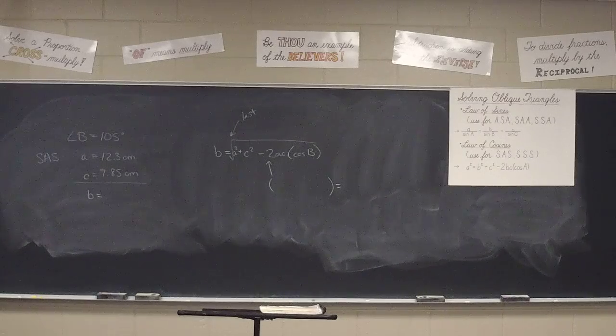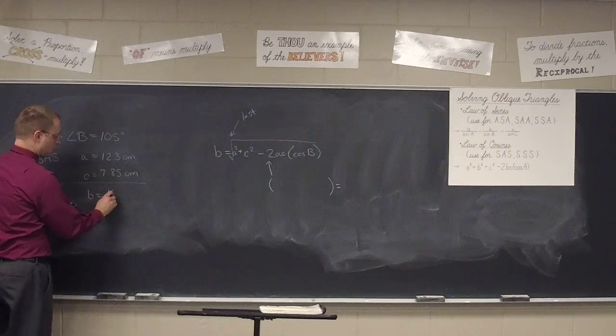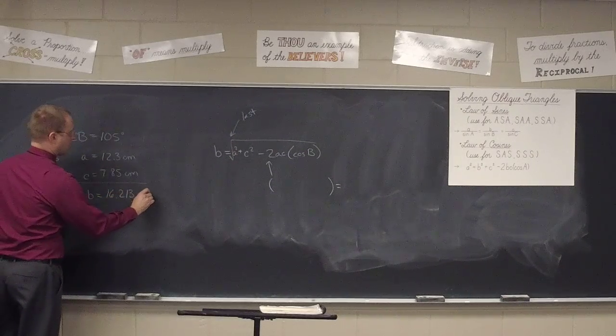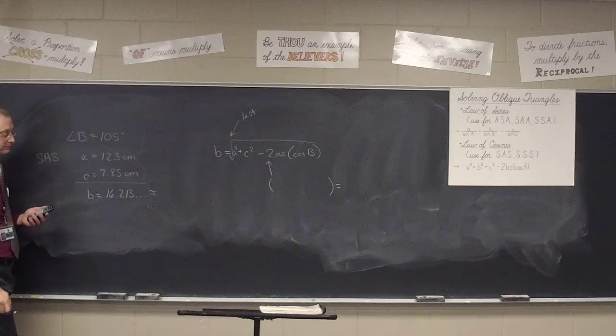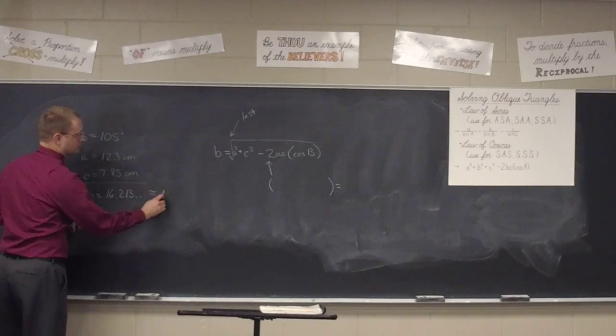Okay, and what do we get for side B? I have 16.2. Round it off. 16.2.